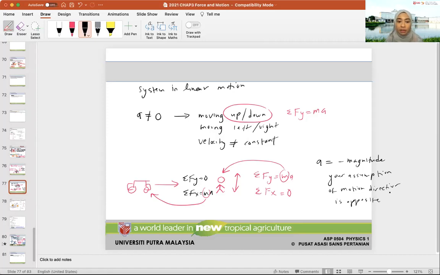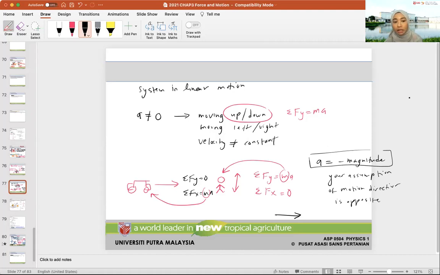For example, you say this object has motion going to the right, but your answer for acceleration is a negative magnitude. It simply means your assumption is terbalik. That is all. You don't have to rewrite everything. You don't have to draw a new free body diagram. Just say that the actual motion is to the left instead of your assumption.